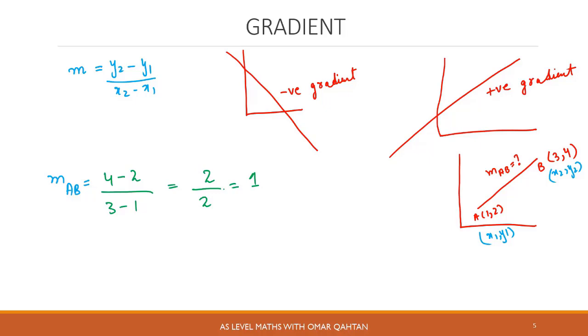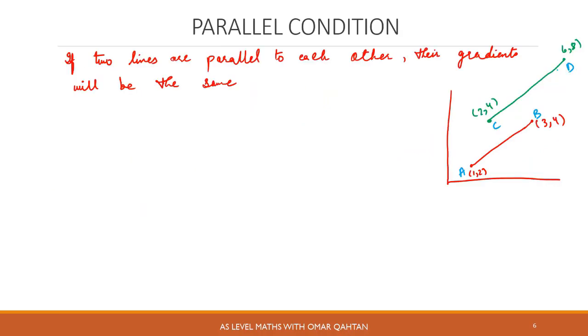Alright, let's talk about some conditions for the gradient. In the parallel condition, if two lines are parallel to each other, their gradients will be the same. What this means is m1 should be equal to m2 if there is a line 1 and a line 2 and they are parallel to each other.